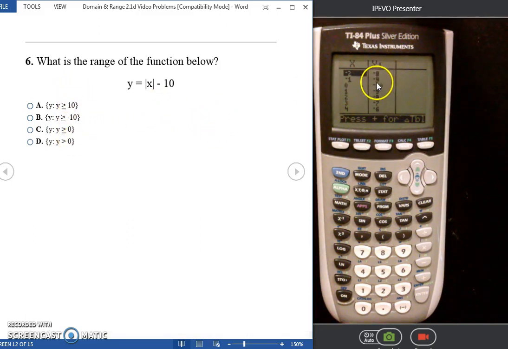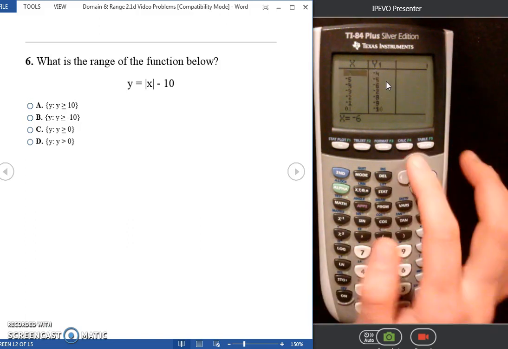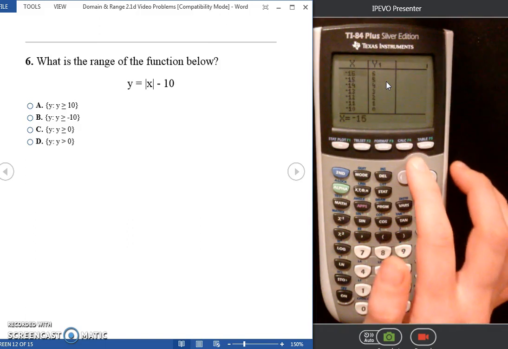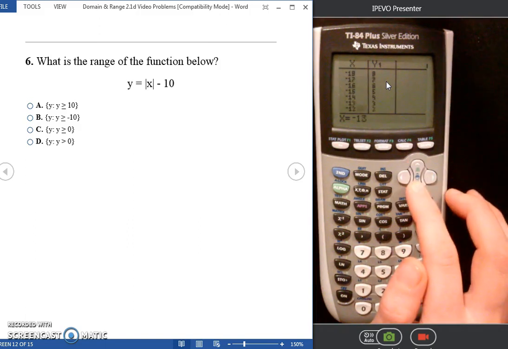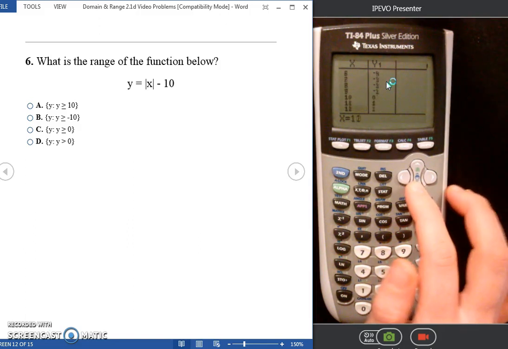So right away I can say, okay, it went to a negative 10. So I'm looking at negative 10, and if I look above it, the numbers are getting bigger as I go up the column. And as I look below negative 10, the numbers are getting bigger as I go down the column.